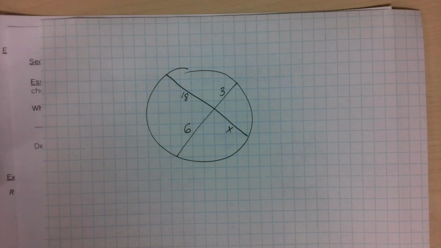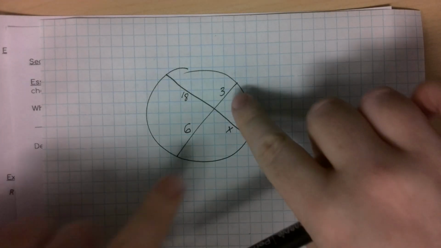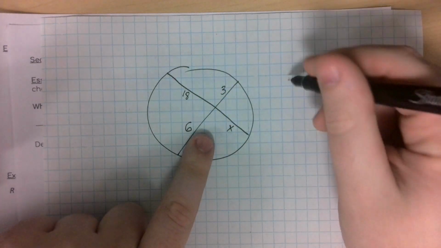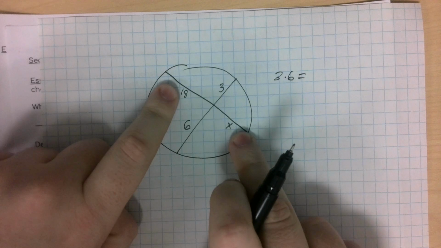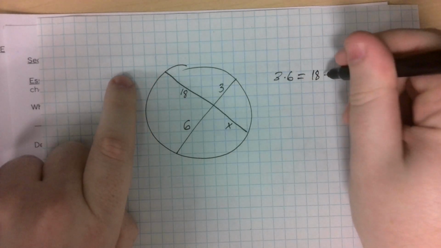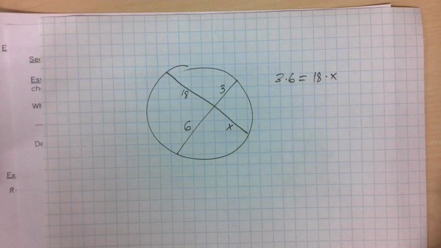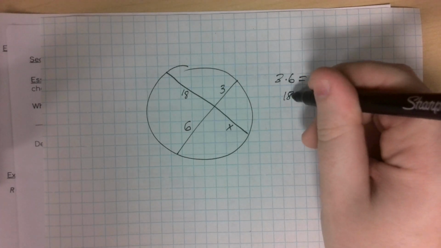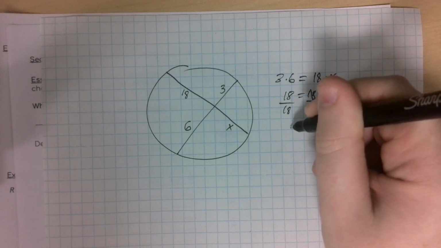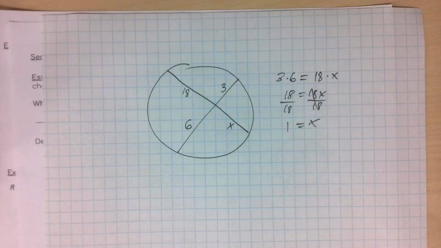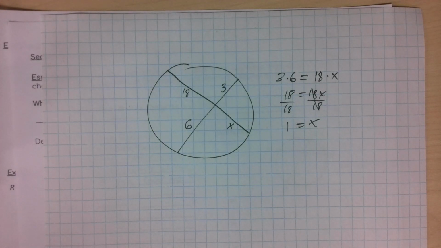This would be a very easy problem to do. Multiply the segments of one chord, so 3 times 6, equaling the segments of the other chord, 18 times x. We could solve this for x very quickly. 18 equals 18x, divide by 18, and we would get x equals 1. Nothing too crazy.